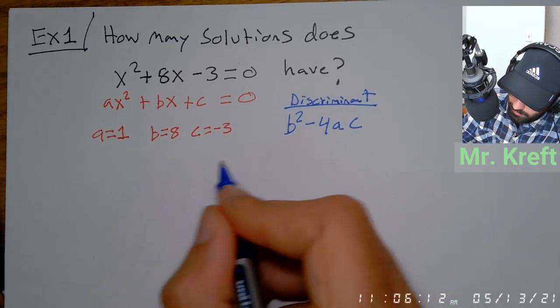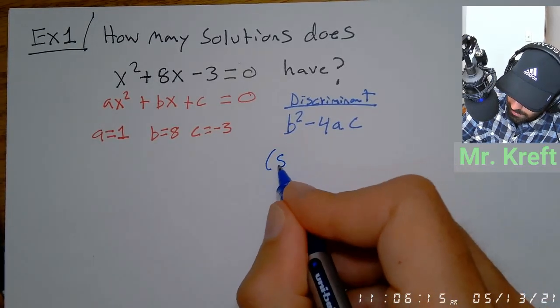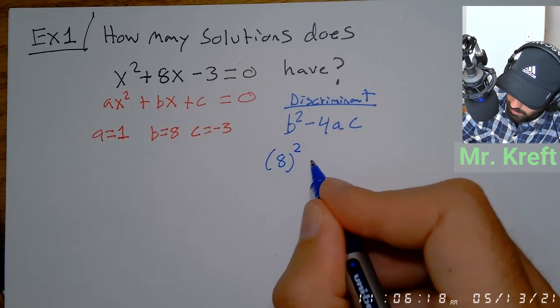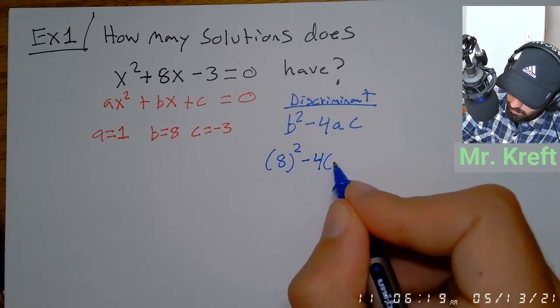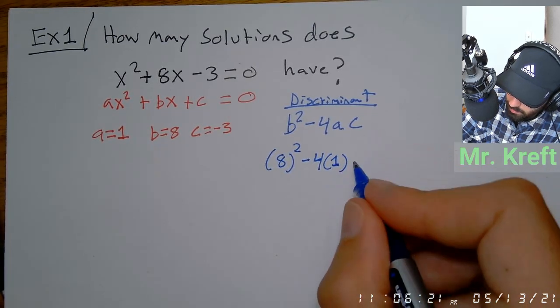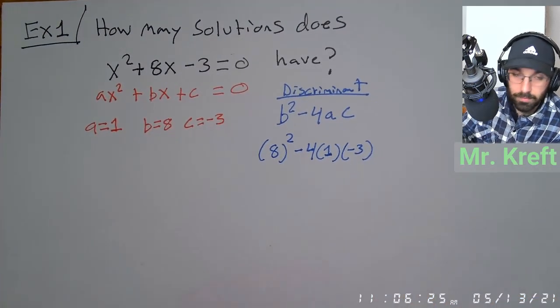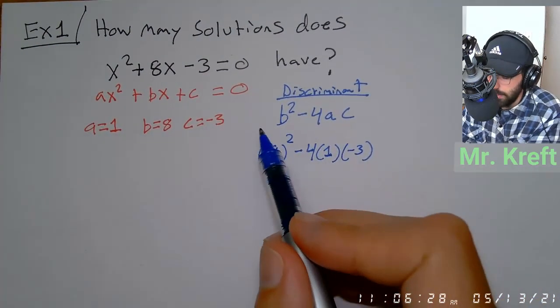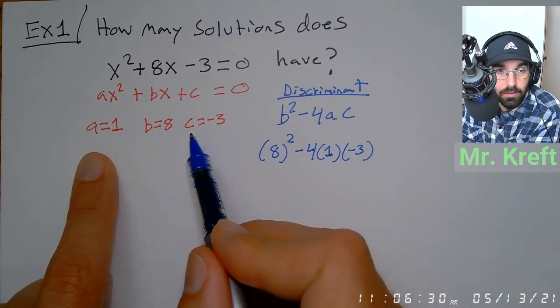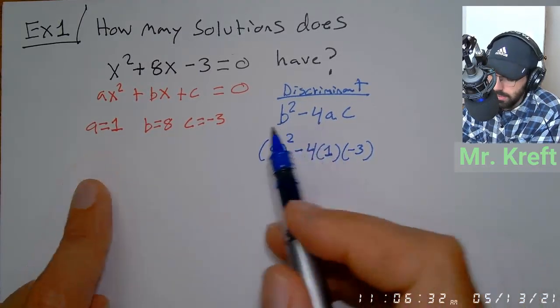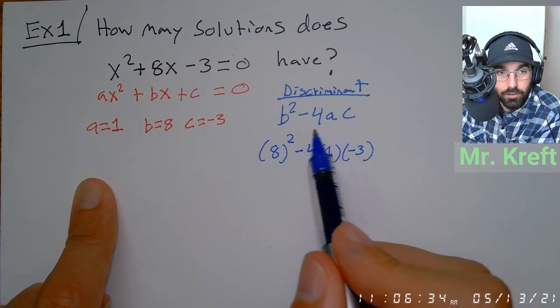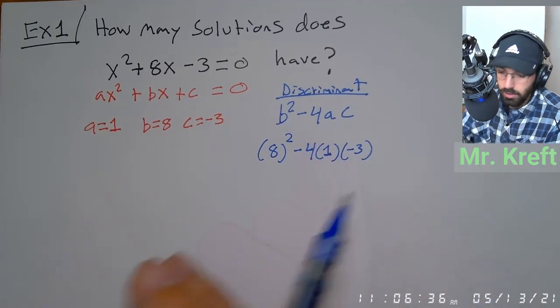So I plug things in. I'm going to have 8 quantity squared minus 4 times 1 times -3. All I'm doing is taking my a, b, and c and plugging them into my discriminant.